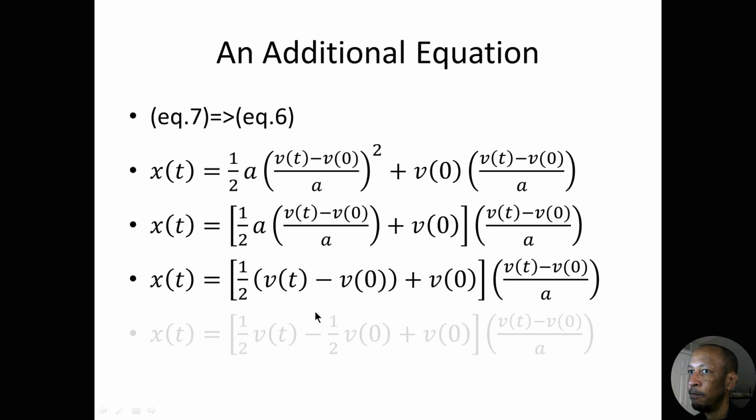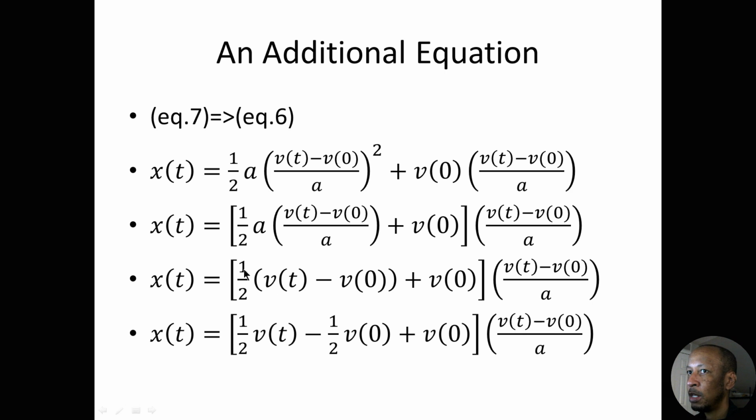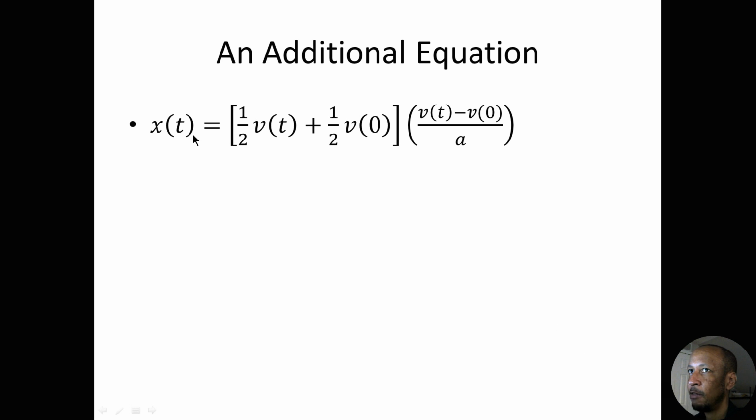Next, I distributed the half into these parentheses, and then you have half v of t minus half v of 0 plus v of 0. That's going to give you plus half v of 0 when these two are combined. Now I have x of t equals half v of t plus half v of 0, multiplied by v of t minus v of 0 over a.